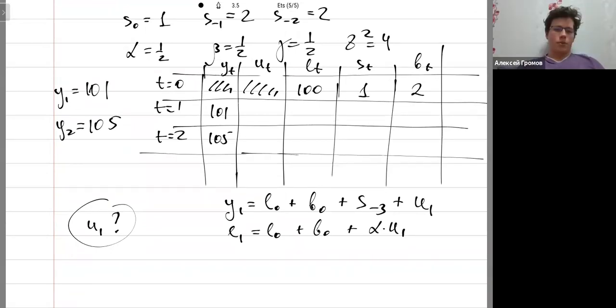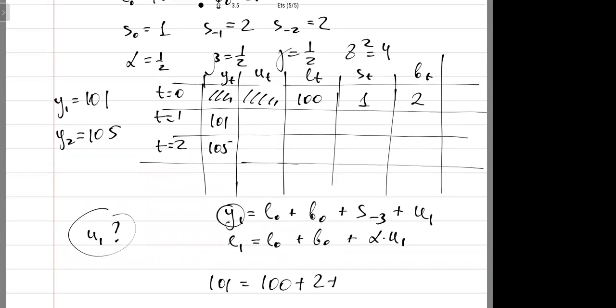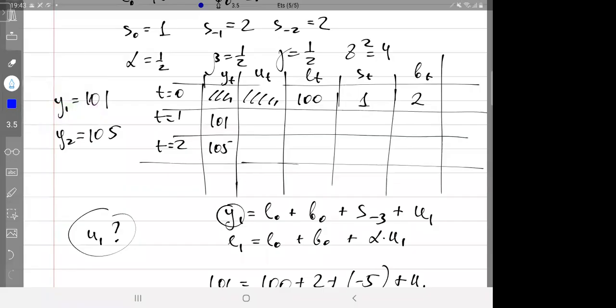We need to sum up L0 and B0, which is 102. And then the seasonal factor is minus 5. So we have that 101 is L0, which is 100, plus B0, which is 2, plus S minus 3, which is minus 5, plus U1. And so we recover U1 from the first equation.